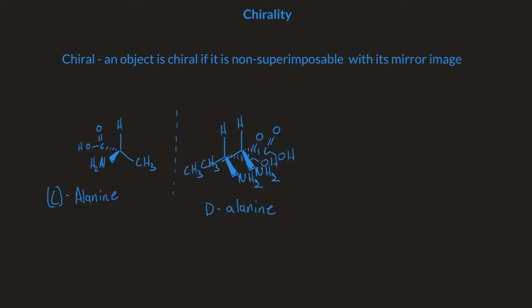If I make a copy of this and drag it over, notice my methyl groups don't line up, the amine doesn't line up, and the carboxylic acid doesn't line up. If I were to redraw this, so I rotated it 180 degrees about this CH bond, that's going to put my methyl group over here.